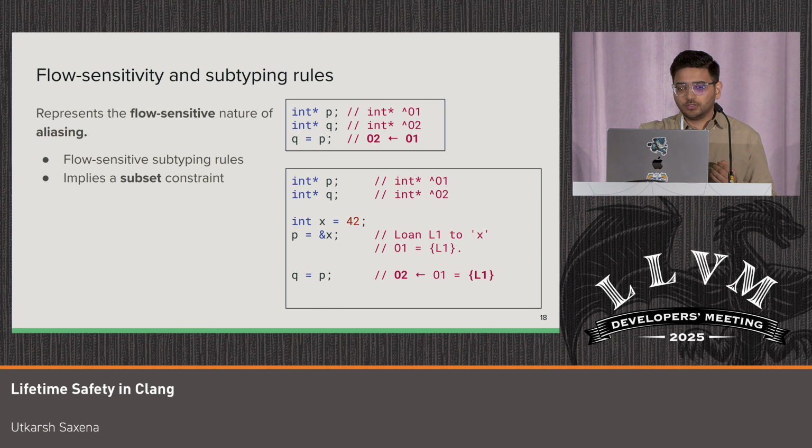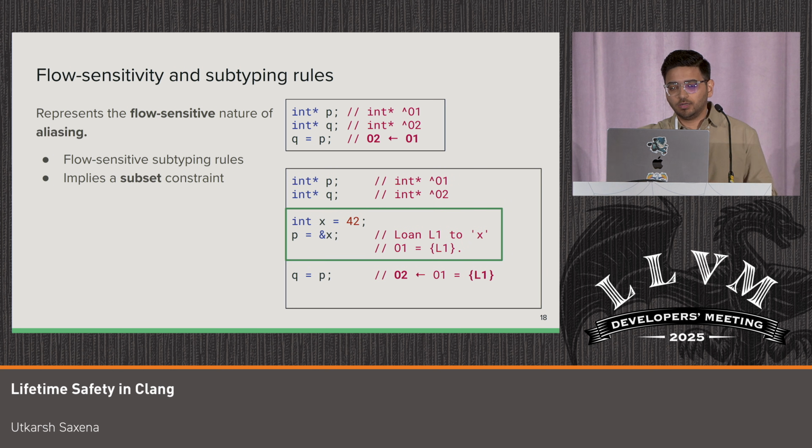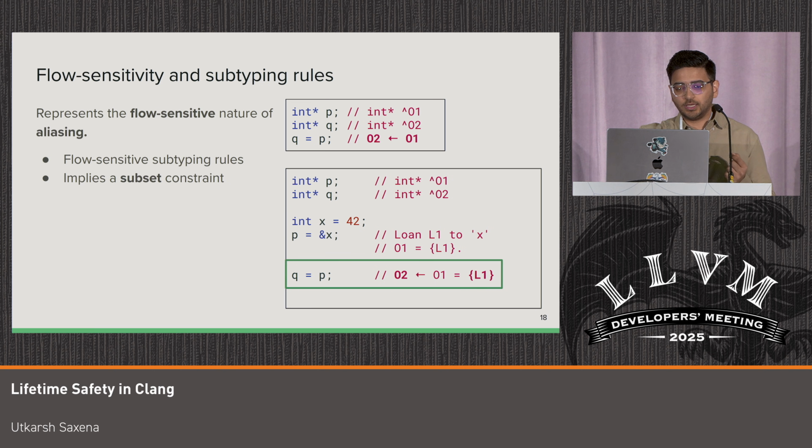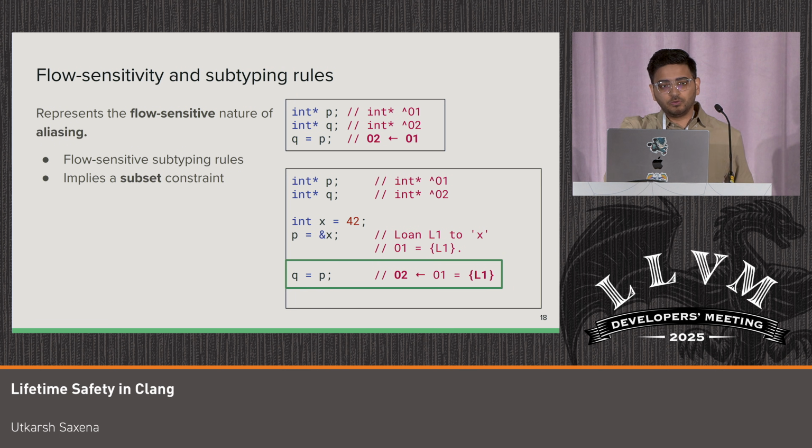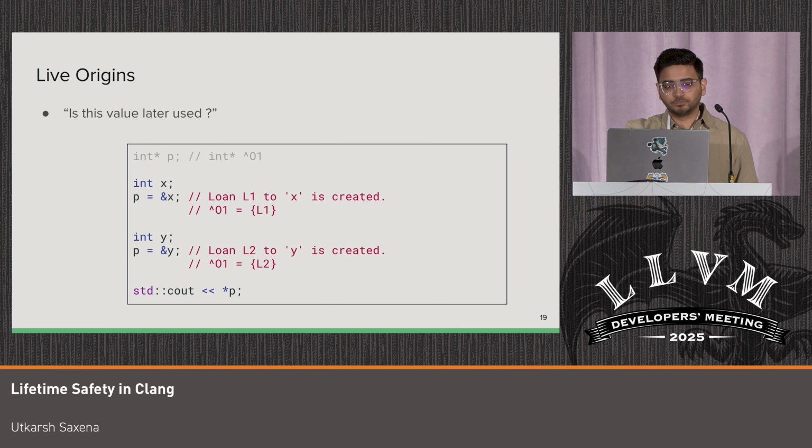If p's origin contained a loan L1 before this assignment, that loan now also becomes a part of the left-hand side's origin, q. And when you process this assignment, we have now the loan L1 propagating itself from O1 to O2. At this point, both O1 and O2 origins contain the loan L1. And this is not just restricted to assignments. This could be any subtyping rules that you might care about.